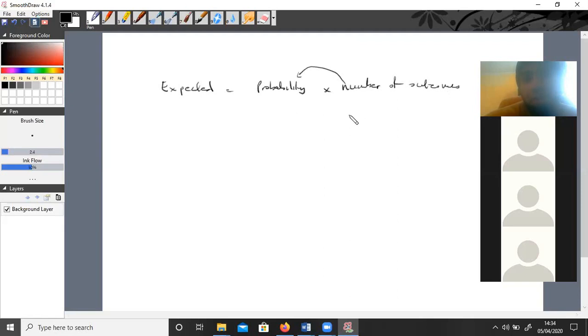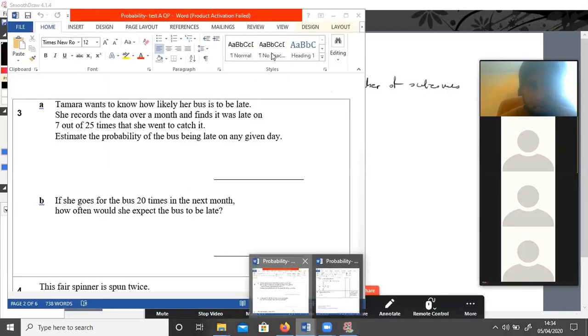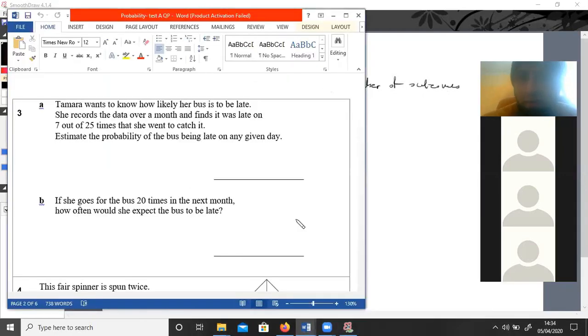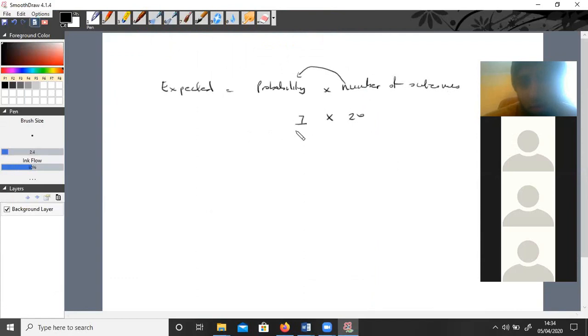Because if she does it 20 times and the probability of getting late is 7 over 25, then my expected, I'll call it E for now, is 7 over 25 times 20. That will give me 5.6. Does that make sense? Yeah.